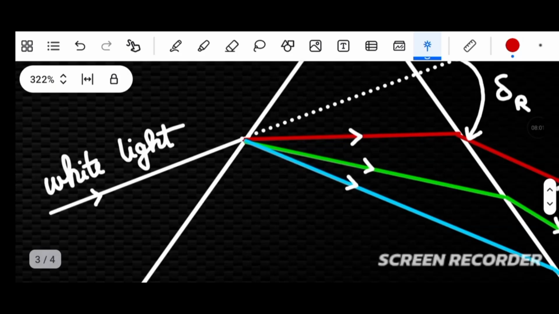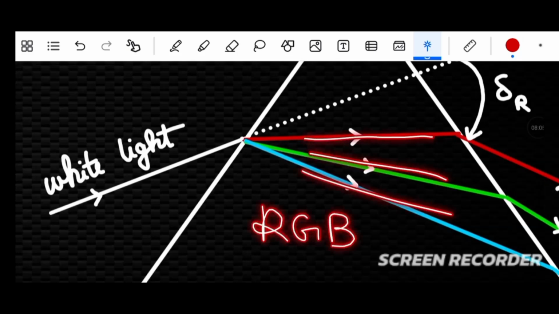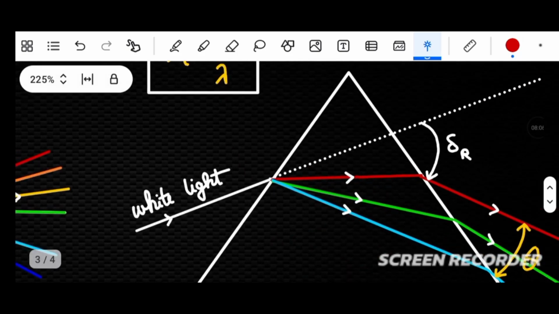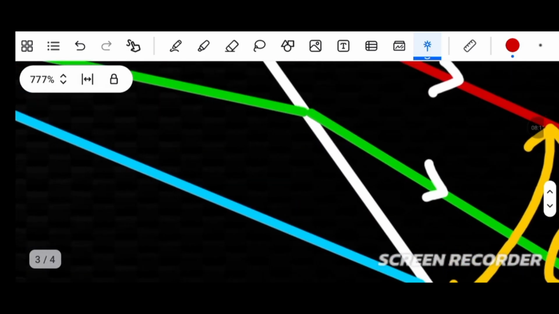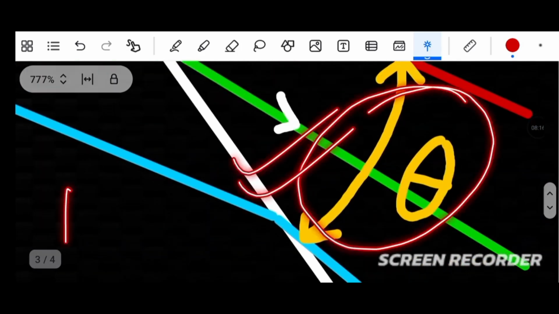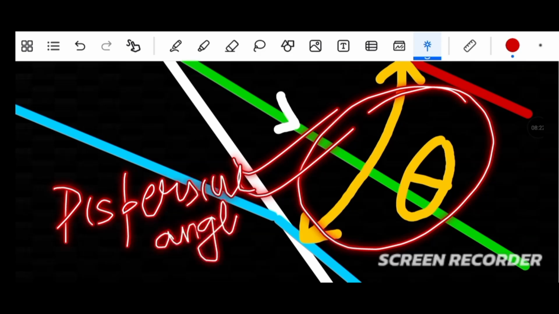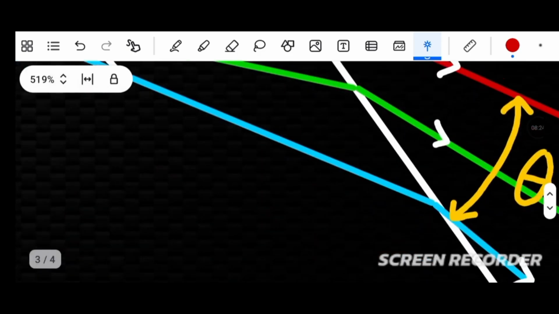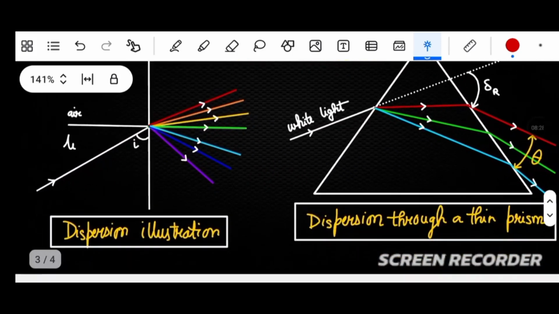I have only shown you 3 colors, RGB. Now you can see the deviation of red, and this is the dispersive angle. Okay, great.